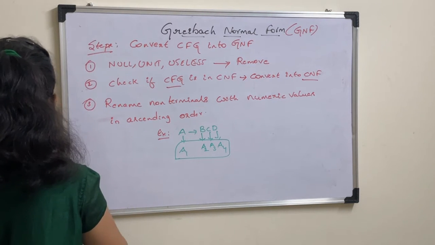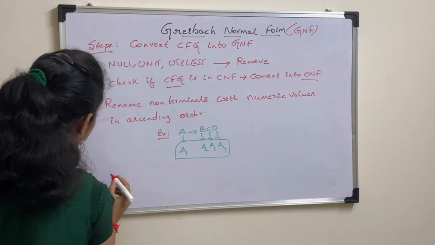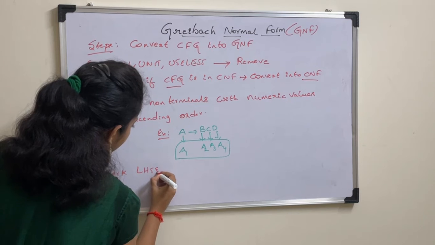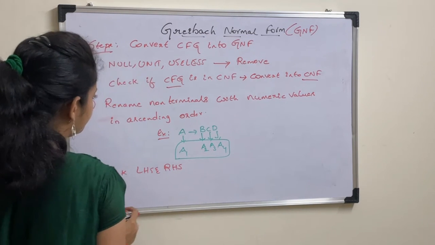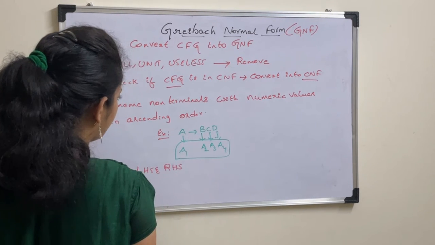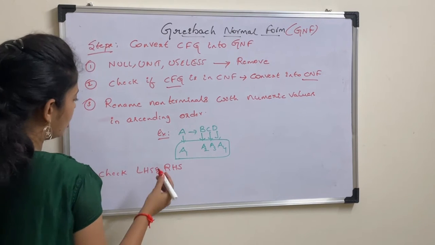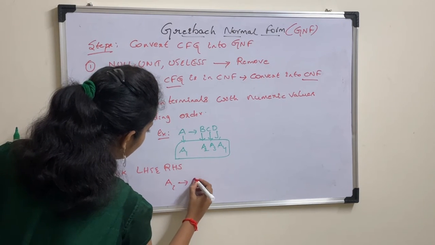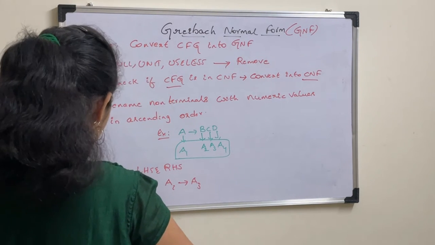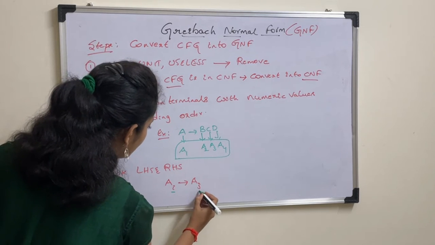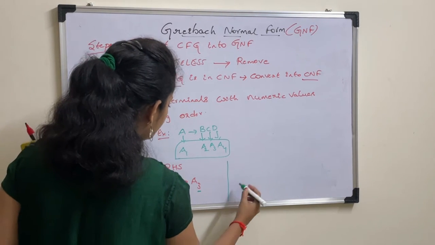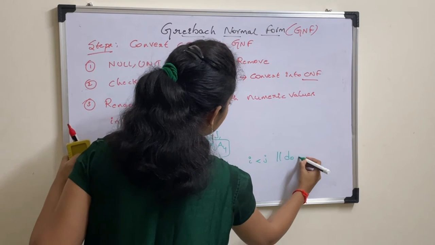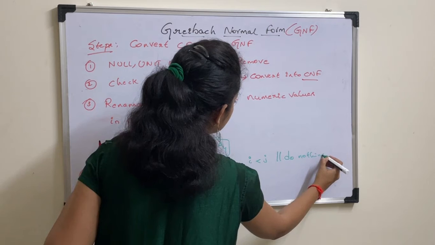Then step 4: check the LHS and RHS of the production. This is the LHS part and this is the RHS. Suppose I have a production like Ai derives Aj. There we need to check the i and j values. The i value should be compared with j. If i is less than j, then fine, no need to perform any operation, do nothing.